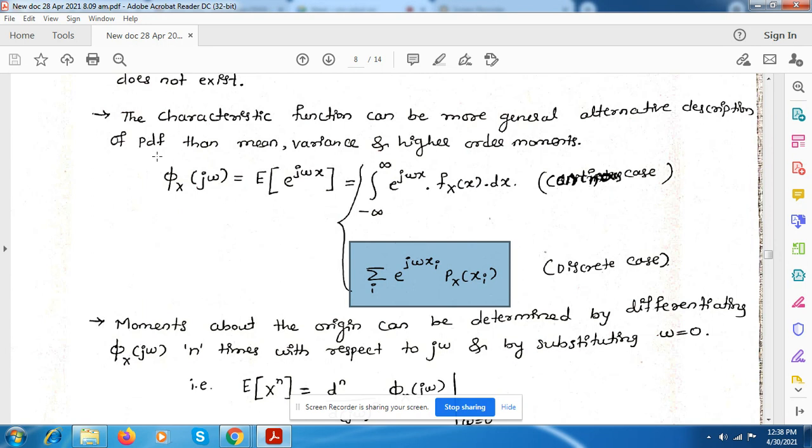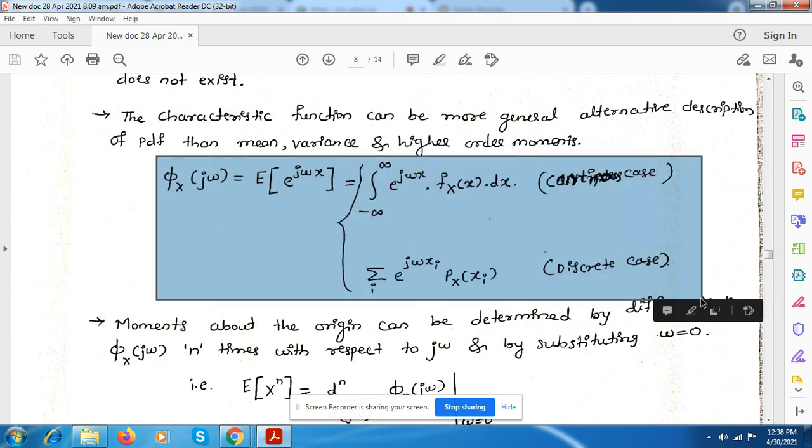So you have to write this equation in your notes. Phi x of j omega is equal to E of e raised to j omega x. For the continuous case, write integration from minus infinity to plus infinity e raised to j omega x into fx of x into dx.